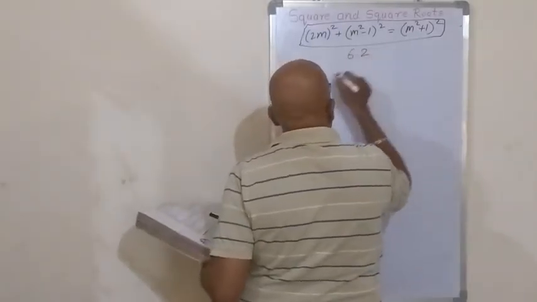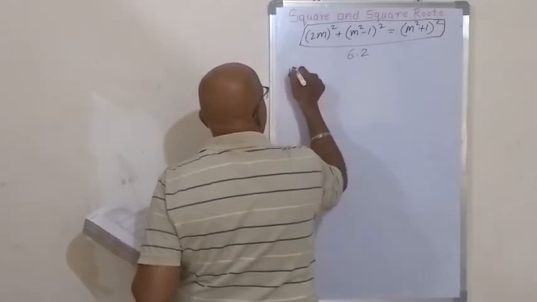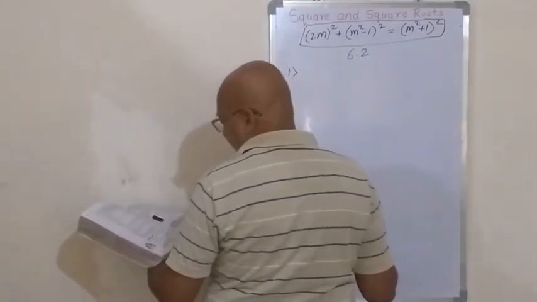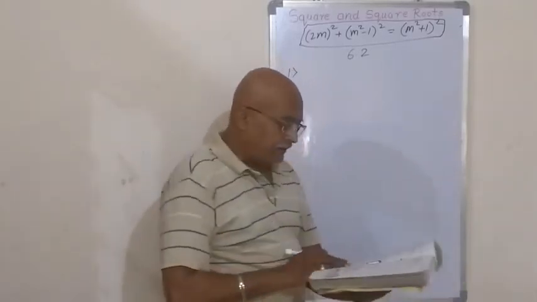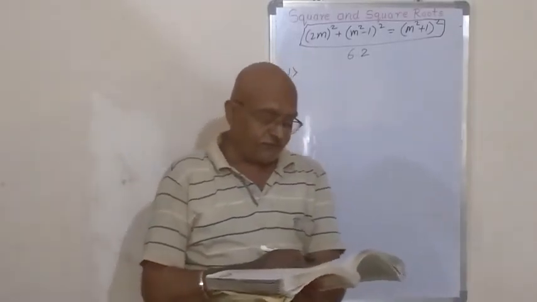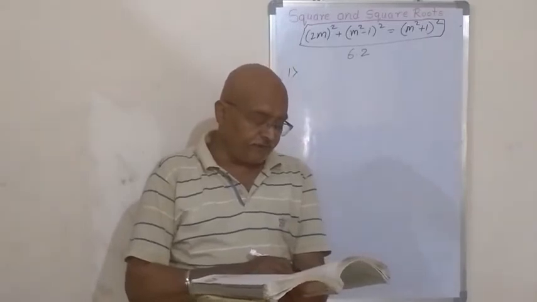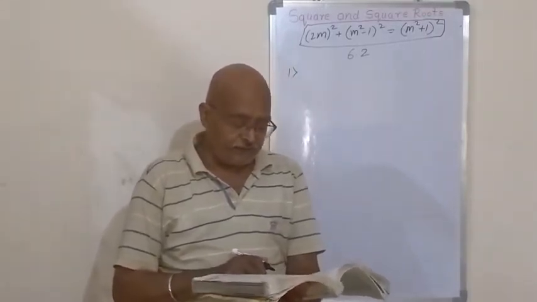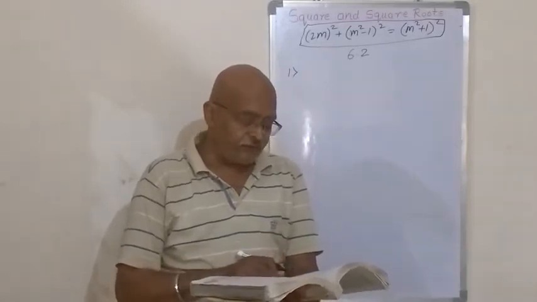In that first example, find the square of the following numbers. There are 6 numbers given. I will read that. First is 32, then 35, then 86, then 93, 71 and 46.